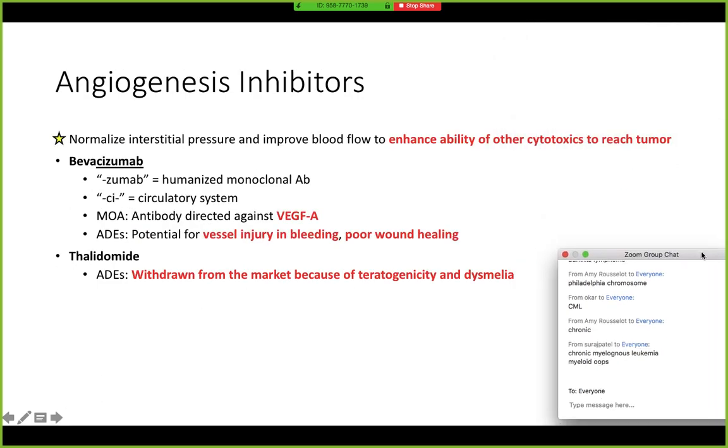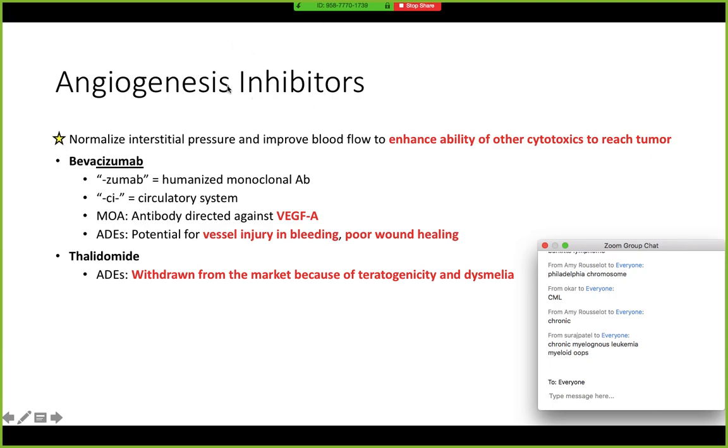Okay, your angiogenesis inhibitors. She brought this up 3 or 4 times, so I would probably expect a question about it. They're going to normalize interstitial pressure and improve blood flow to enhance the ability of other cytotoxics to reach the tumor. So they act through a synergistic effect.